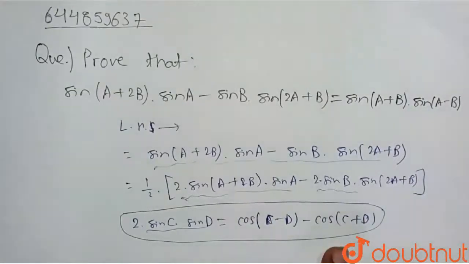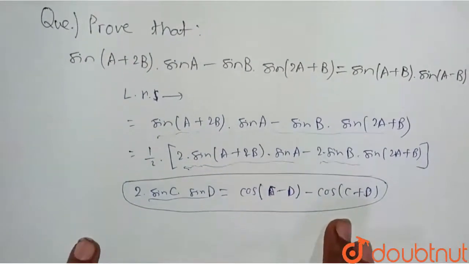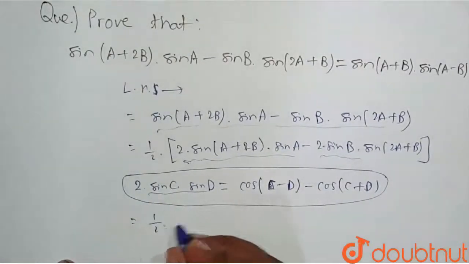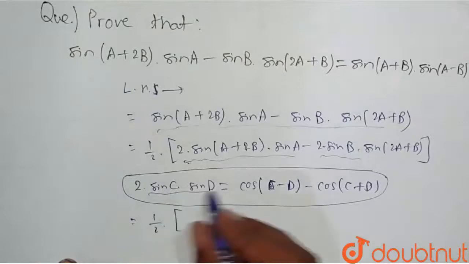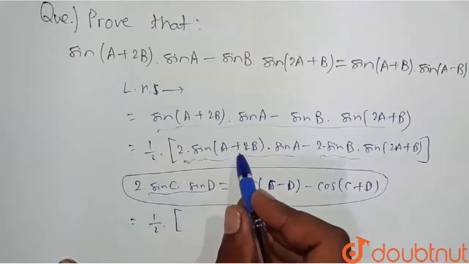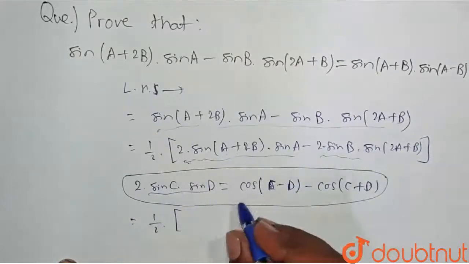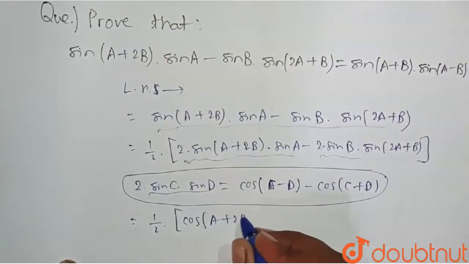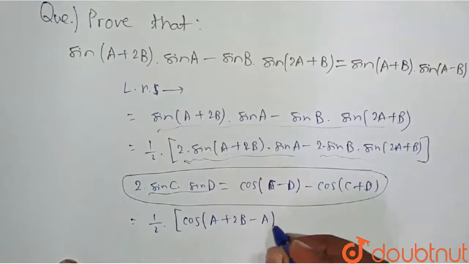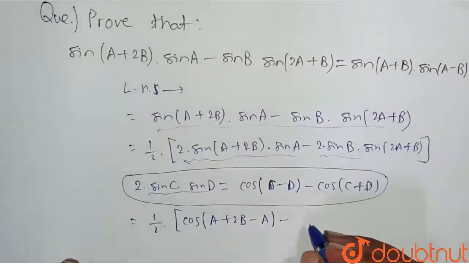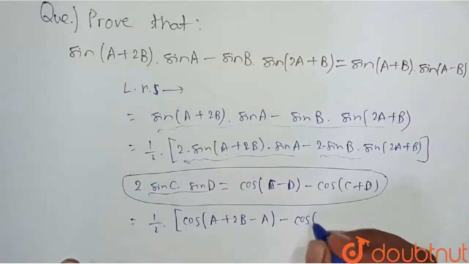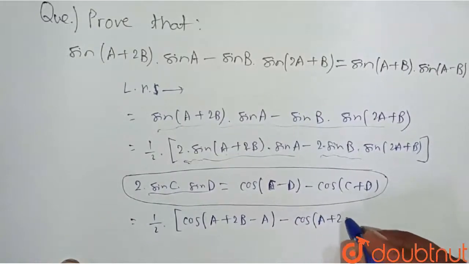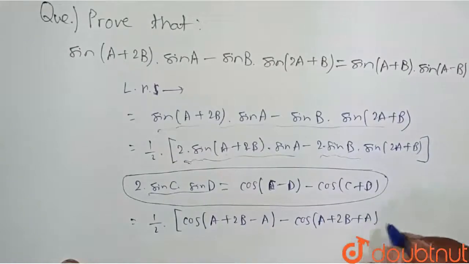So if we apply this formula here, we can write this expression as 1/2 into, here our c is a + 2b and d is a, so we can write cos(a + 2b - a) - cos(a + 2b + a).